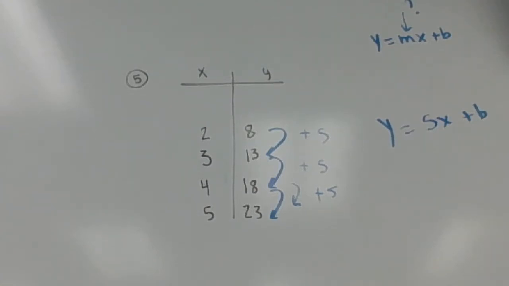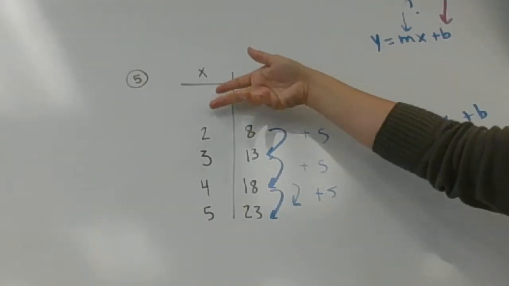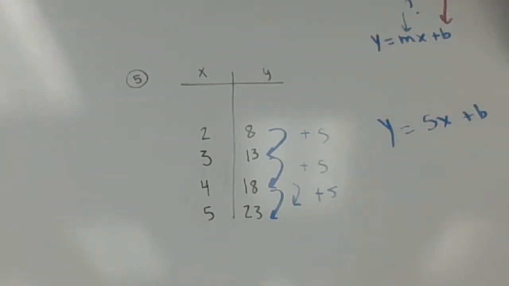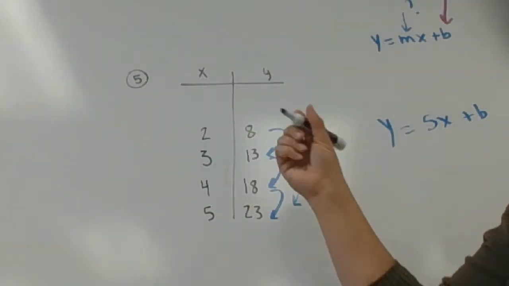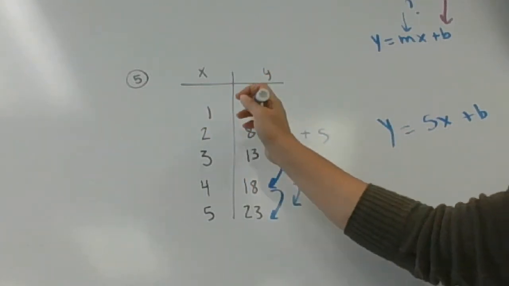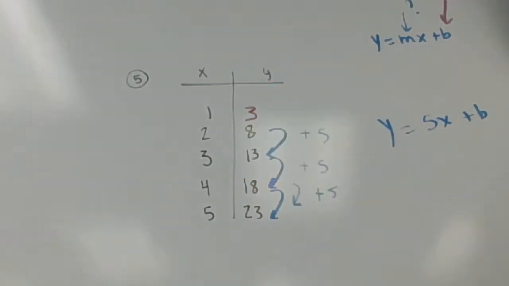So the other thing we have to figure out is what would the y-intercept be? I drew my table with some space here because sometimes I like to work backwards to find y-intercepts. If x was 1 here, I would think the other way and arrive at 3.